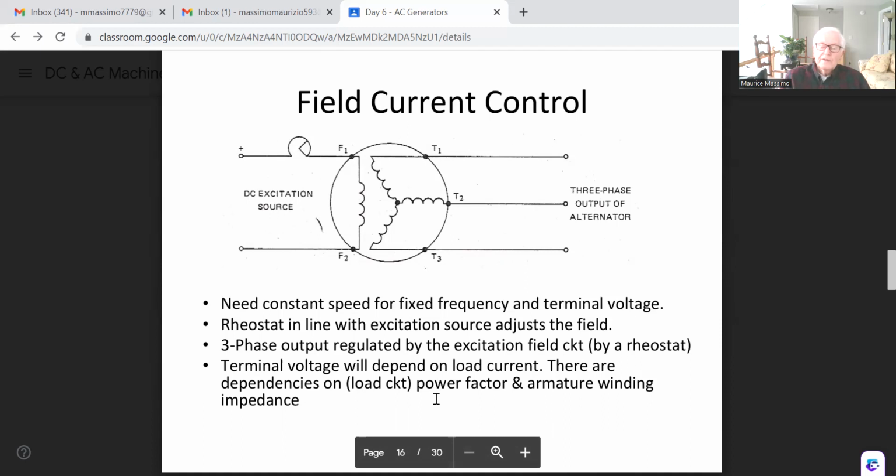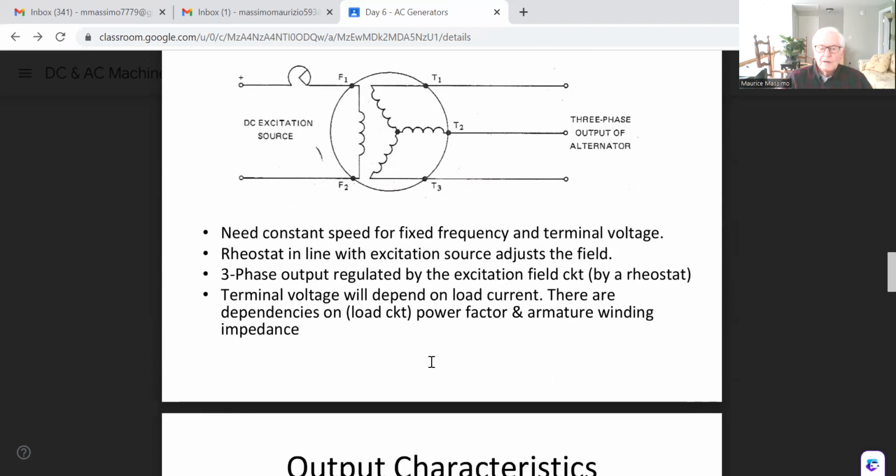Since the load circuit is three-phase, you're going to have induction and so forth. It has a power factor, and so we have to look at the armature winding impedance in the armature.